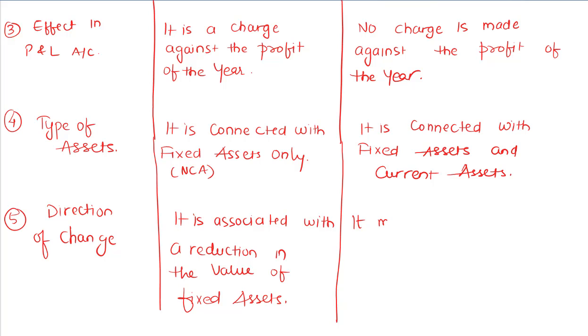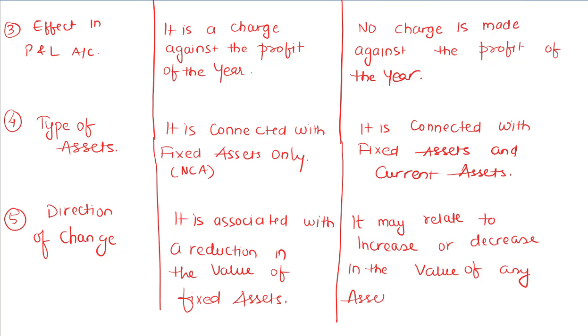In fluctuation, just write it may relate to increase or decrease in the value of any asset, whether that asset is a fixed asset or a current asset. I believe you understood this.